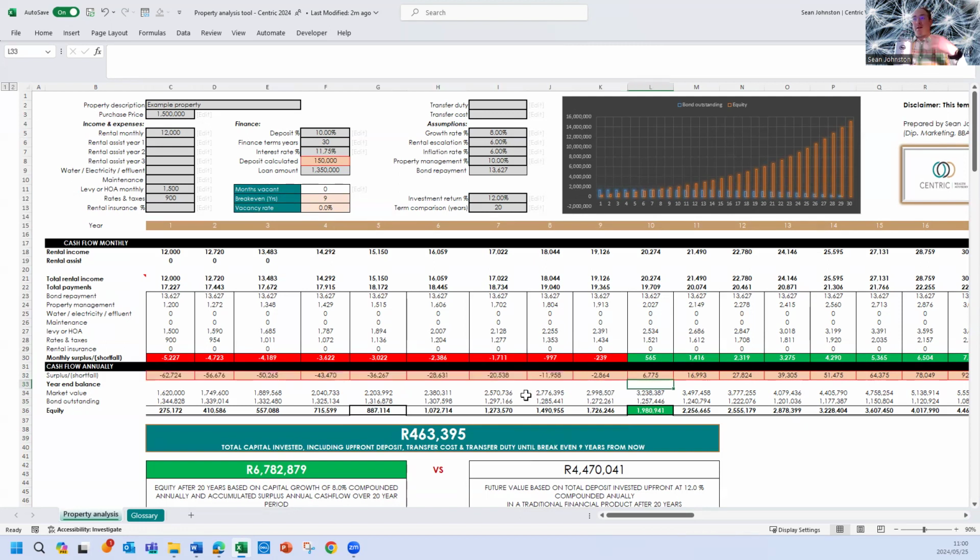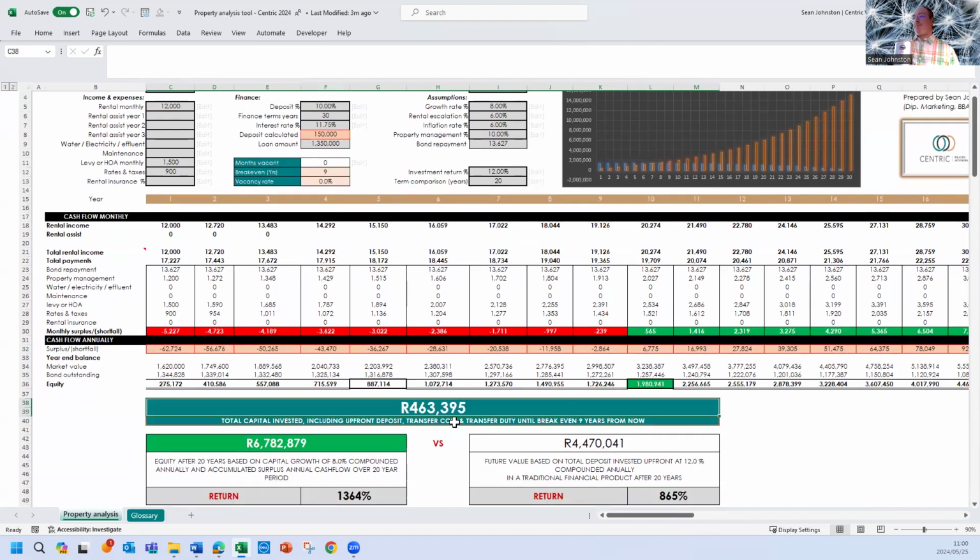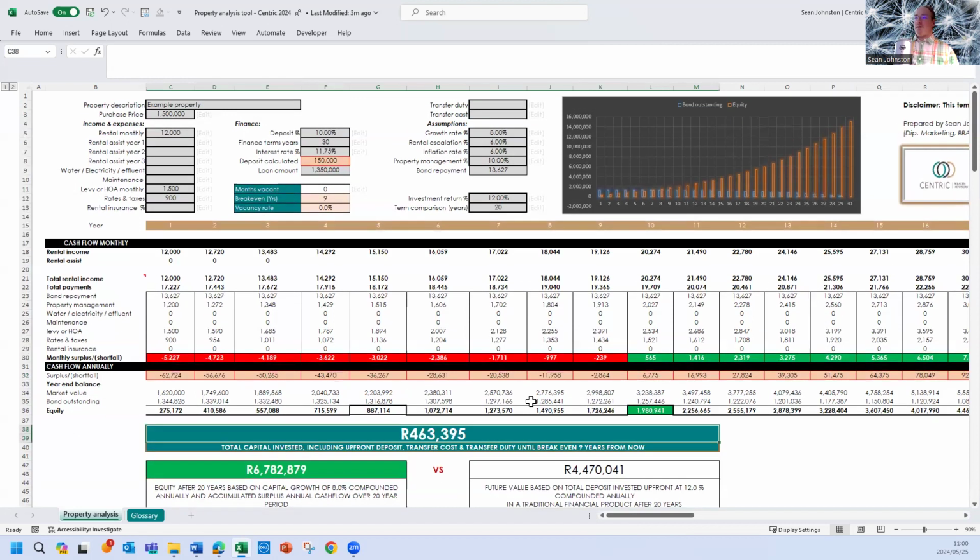There are ways to get there quicker. This amount here is excluding the 10% deposit. The deposit's 150. So you've got to take that amount I've just shown you here, adding the 150 to get to 463,395.